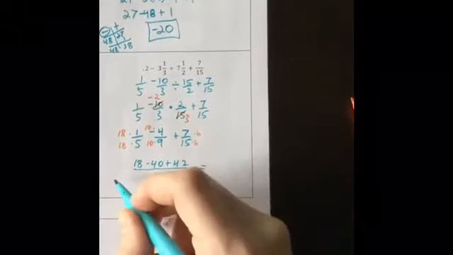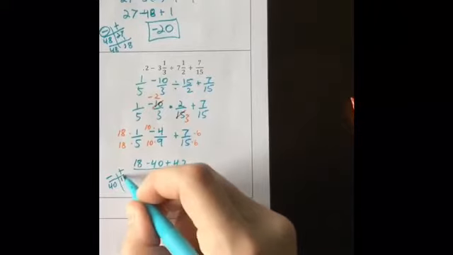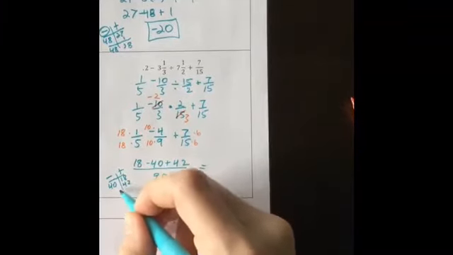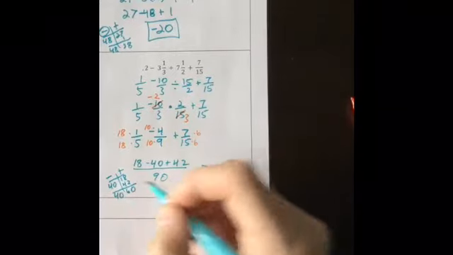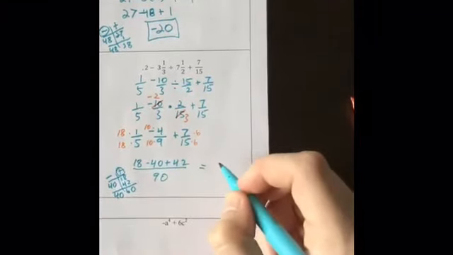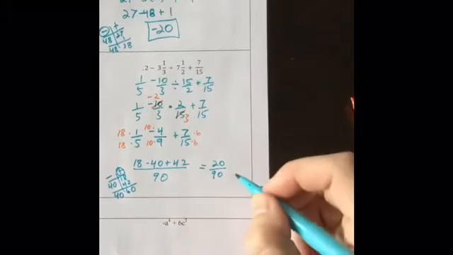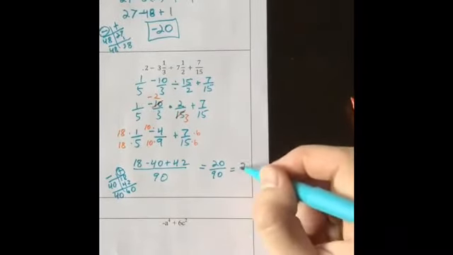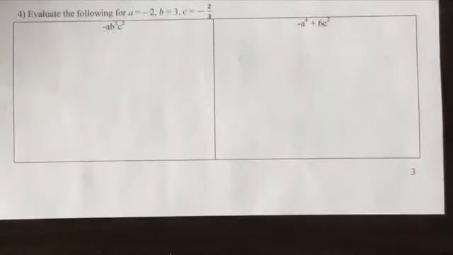And remember, we can use team game for our numerator there, right? Negatives have 40, positives 18 and 42, which gives 60 for the positives, 40 for the negatives. So positives win by 20, 20 over 90. And you can see that common factor of 10, so it reduces to 2/9.